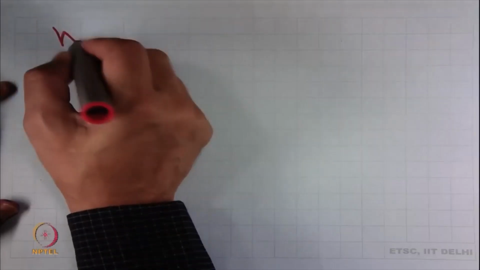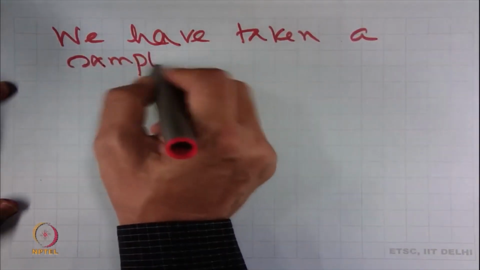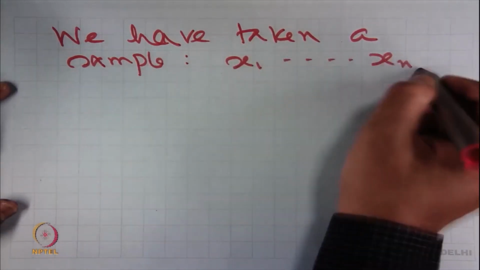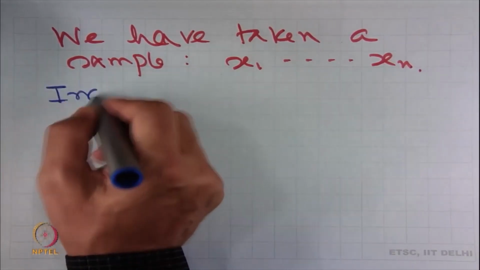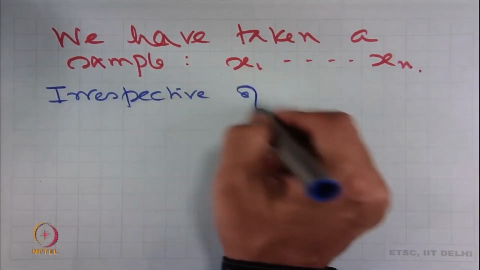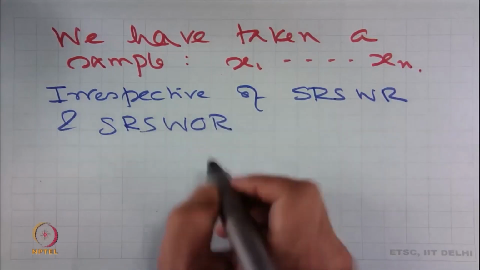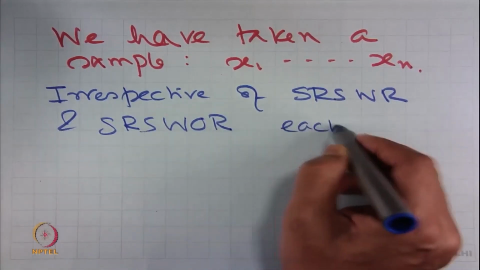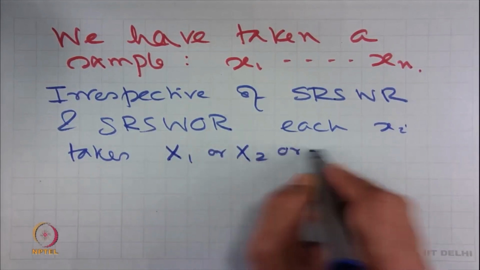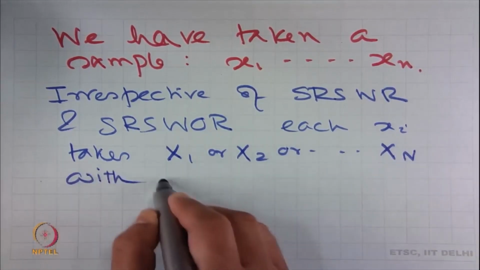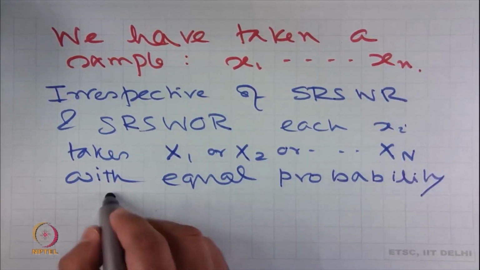So, we have taken a sample, irrespective of SRS WOR and SRS WR, each xi takes x1 or x2 or xn with equal probability, one upon n.